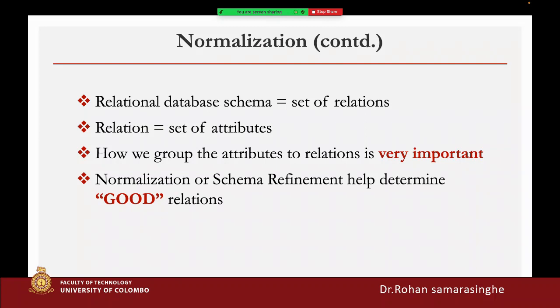In that case, the surgeon cannot be entered into the table unless the surgeon has examined the patient. So that is the dependence, they are dependent. So normalization, or schema refinement, helps to determine good relations. Then the patient information can be entered separately, the surgeon information can be entered separately, and the drugs information could also be entered independently.